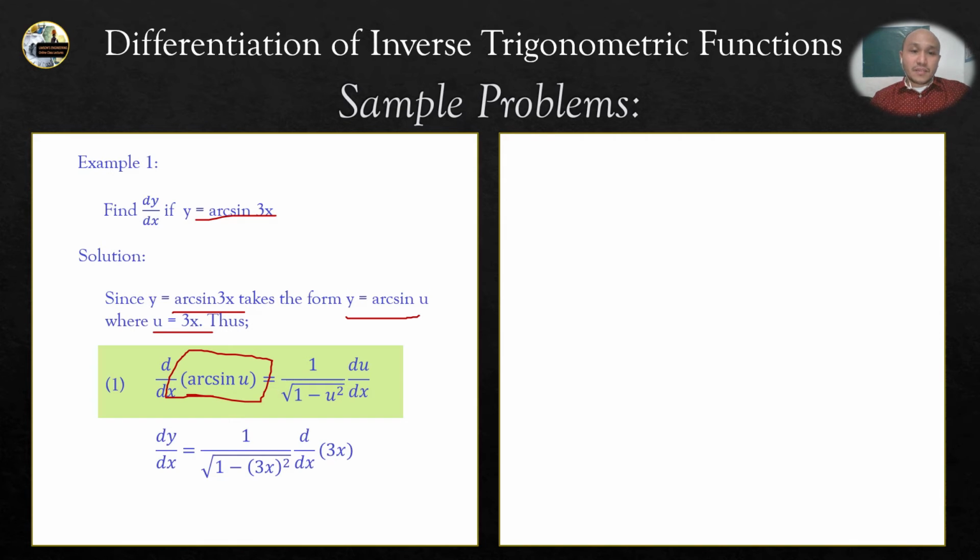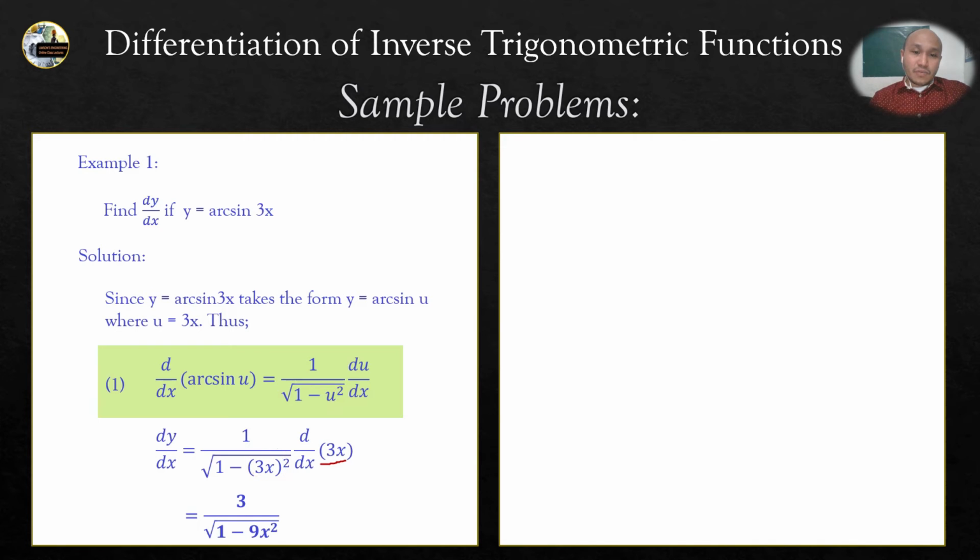Then dy over dx is equal to 1 over the square root of 1 minus (3x) squared, so 3x is our u here, times d over dx of the u, 3x.